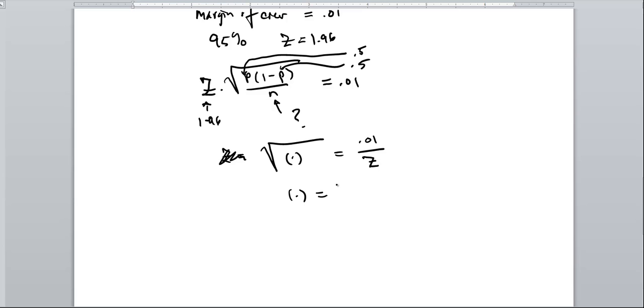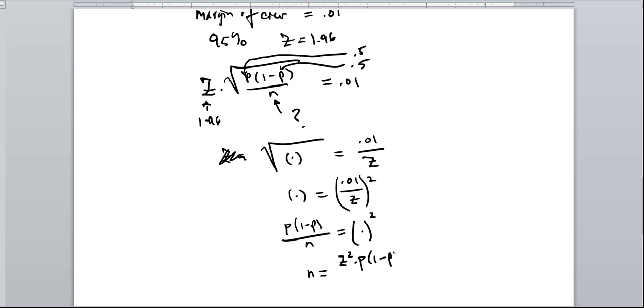I can remove the square root by squaring both sides. And then, since my expression here in parentheses is p times 1 minus p over n, I can finally get n separated here, which would be z squared times p times 1 minus p, all over 0.01 squared.